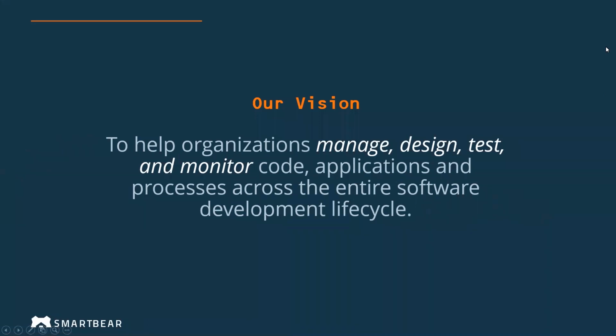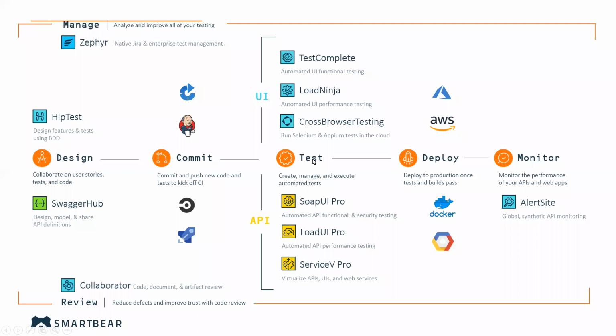So our vision is very simple. We just want to help organizations like you manage, design, test, and monitor everything from your code, applications, and processes across the entire software development lifecycle. Now, to visually represent this and showcase where some of our tools fit in that software development lifecycle, we have tools ranging from design with our HipTest and SwaggerHub offering to the test aspect. There are two layers of testing: the UI layer and the API layer.